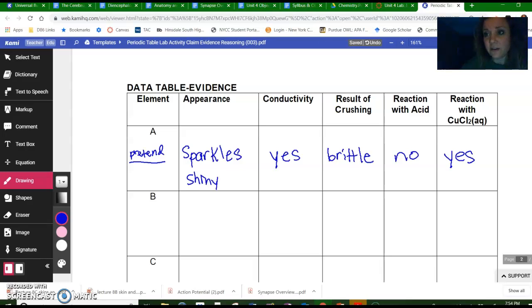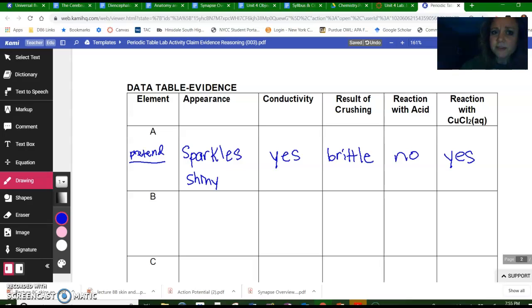And yes, it's a conductor of electricity, so it made that light bulb light up. The result of crushing is that it was brittle, so it shattered when I hit it with the hammer. It did not react with the acid, but it did react with the copper chloride.